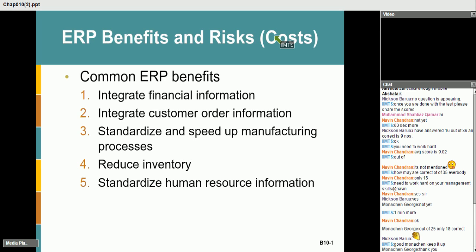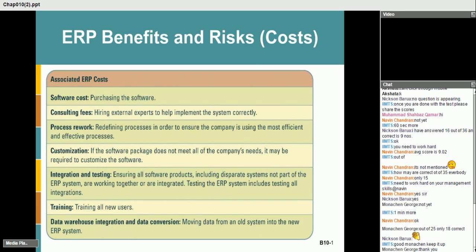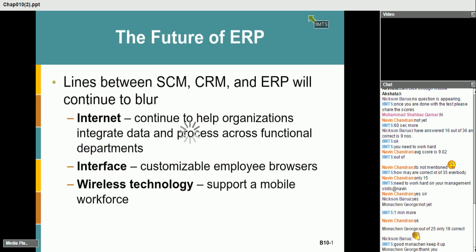What are the ERP benefits and risks? Common ERP benefits are: it integrates financial information, it integrates customer order information, it standardizes and speeds up the manufacturing process, it reduces inventory, and finally it standardizes human resource information. So these are the benefits of ERP systems.